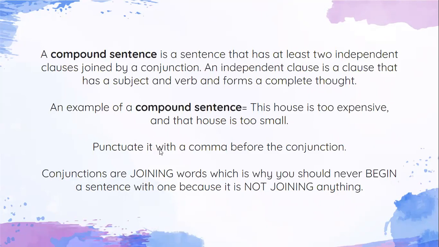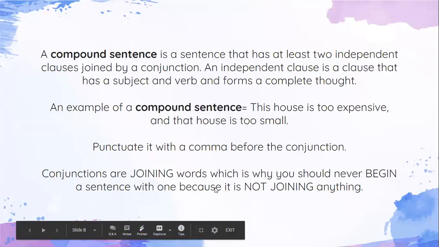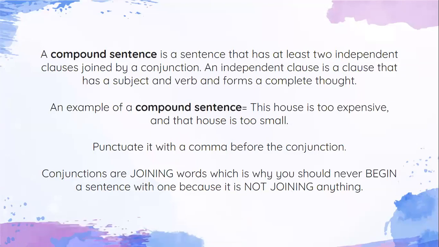And you always want to punctuate it with a comma before the conjunction. So always make sure the comma goes before the conjunction. The conjunction is "and," and the comma goes before it. The reason I put this here is that I see a lot of this. Conjunctions are joining words, which is why you should never begin a sentence with one, because it is not joining anything. I've seen many instances where people use one of the FANBOYS conjunctions to start a sentence.